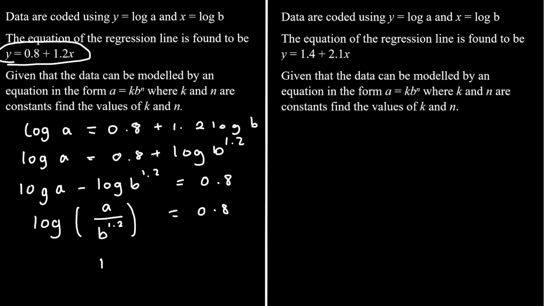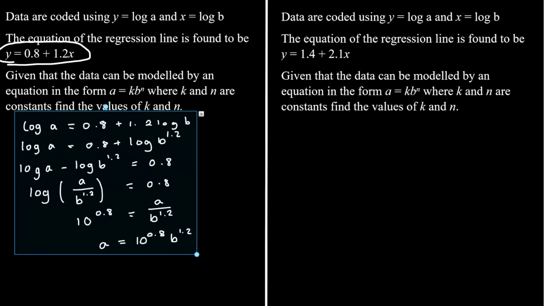So we're going to have 10 to the power of 0.8. So the base, the power, equals a over b to the power of 1.2. And we want to get a equals, so multiply by b to the power of 1.2. A equals 10 to the power of 0.8 times b to the power of 1.2.